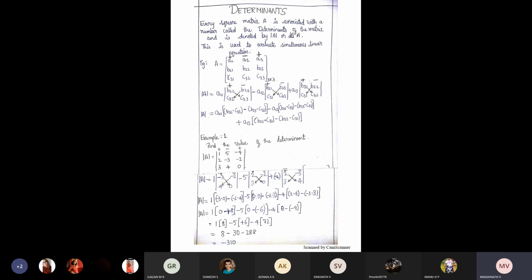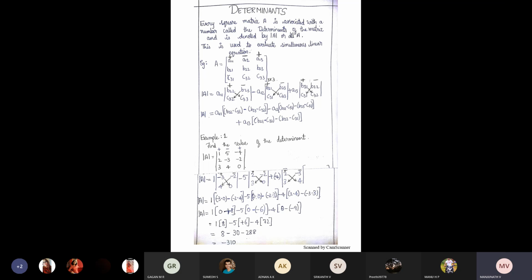These are all the steps, the rules and guidelines to evaluate determinants. Followed? Yes, followed, sir. Next is all about multiplication. Simple.